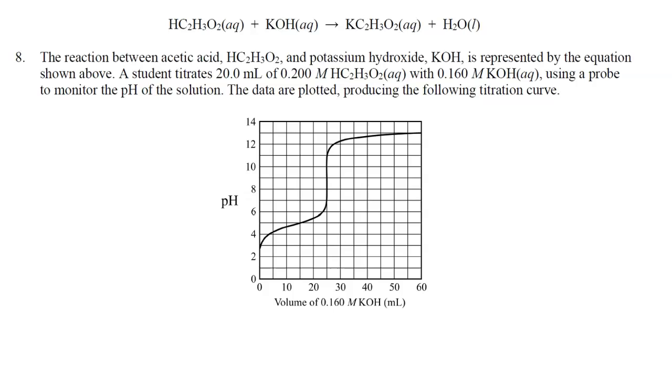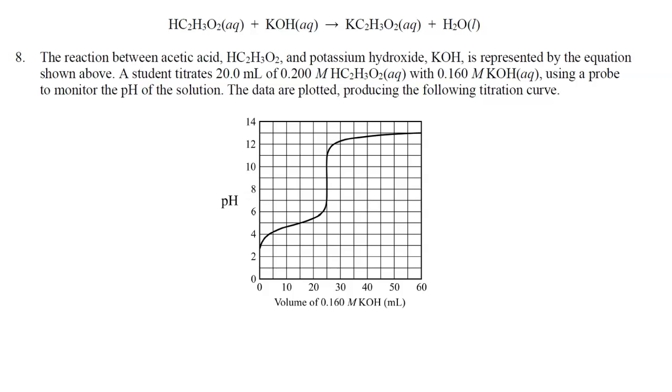A student titrates 20 milliliters of 0.200 molar acetic acid with 0.160 molar potassium hydroxide using a probe to monitor the pH of the solution. The data are plotted, producing the following titration curve.